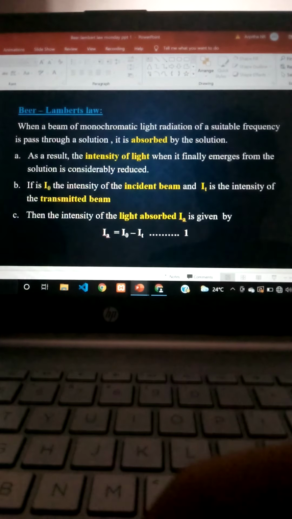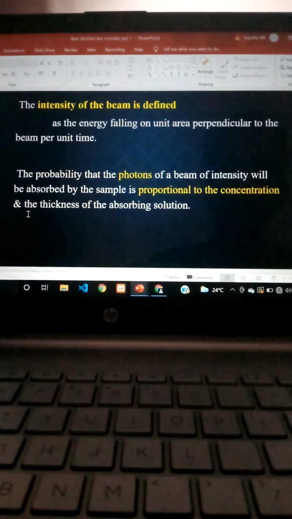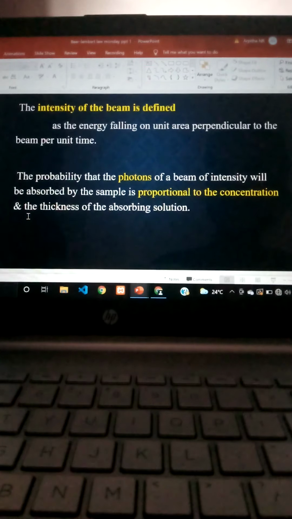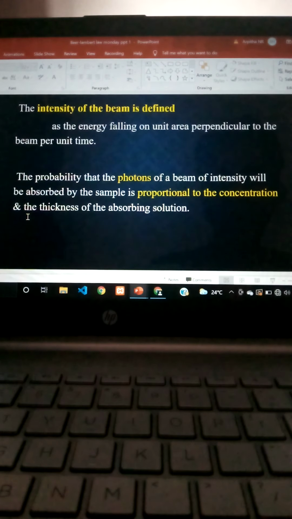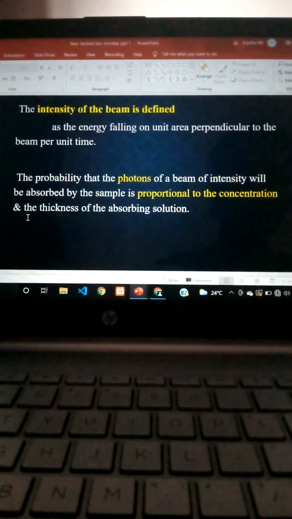Next you have to define the intensity of the beam. Intensity of the beam is defined as the energy falling on unit area perpendicular to the beam per unit time.